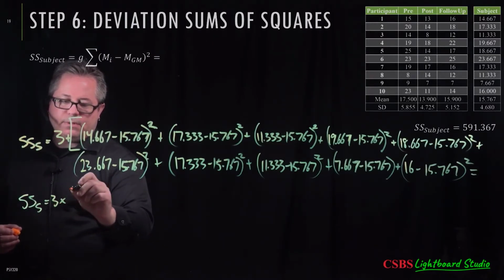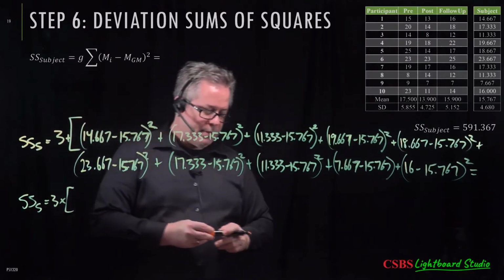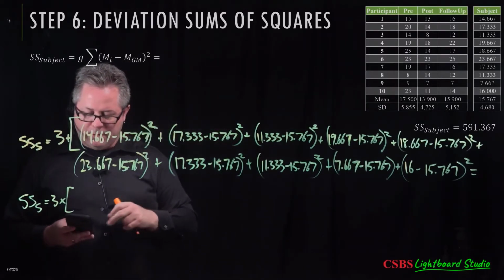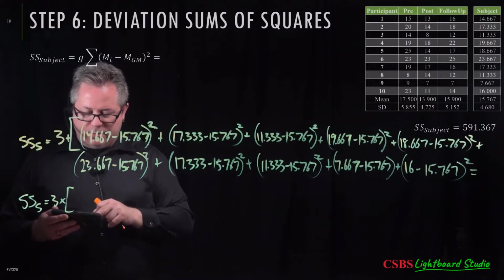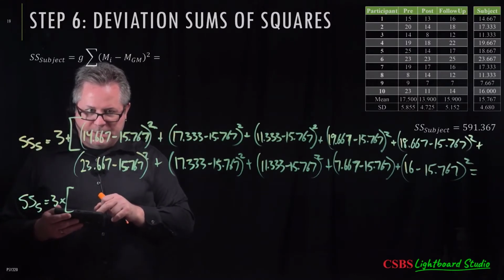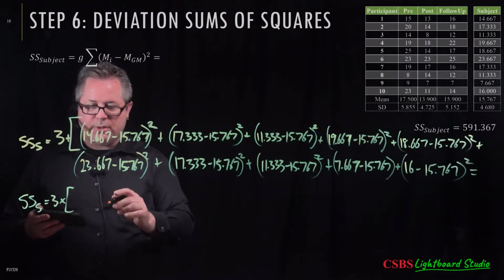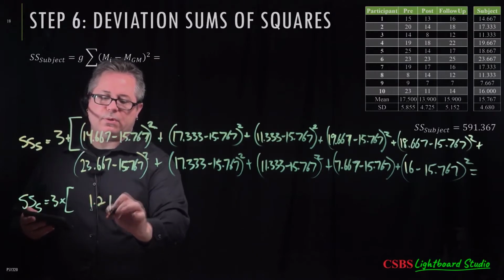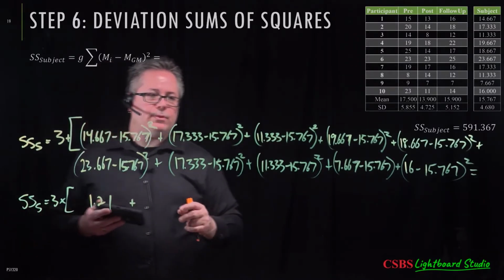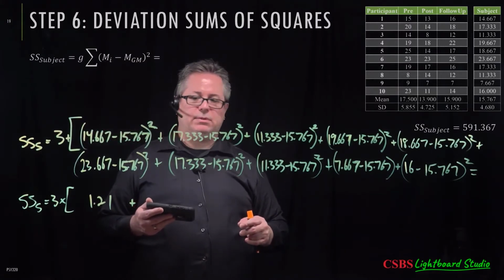3 times, and let's just work these out. 14.667 minus 15.767 equals negative 1.1, squared is 1.21. So we get a 1.21 plus, is there any other 14.667s? Nope.